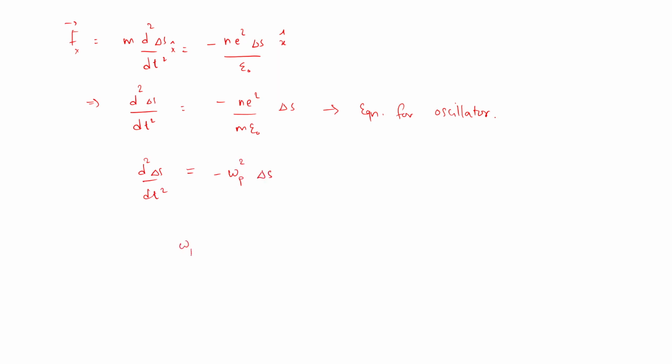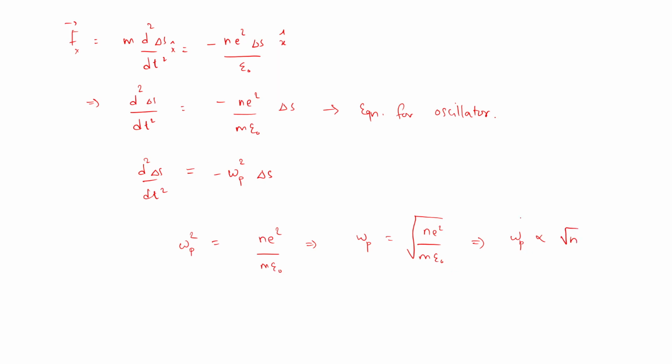From here you know that omega p whole square is given as n e square over m epsilon naught. Omega p is a frequency, so it has to be positive. e is a constant, the mass of the electron is a constant, and epsilon naught, the permittivity, is also a constant.